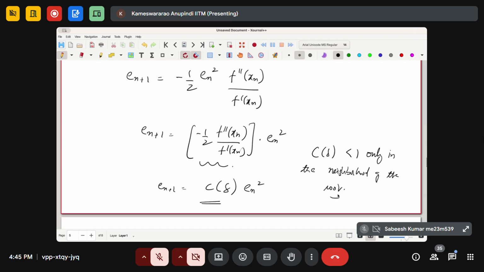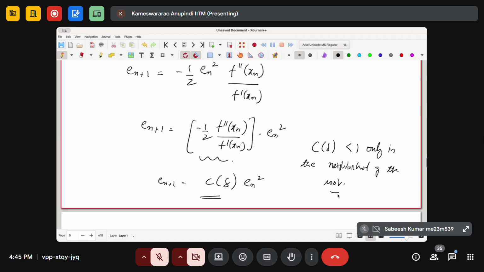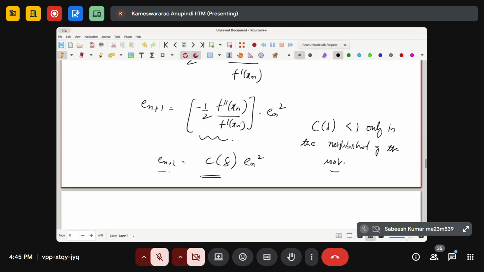That means as you get very close to the root, this c of delta is less than 1, which tells you that the error in the next iteration, en plus 1, is decreasing as a square of the error in the previous case. These errors are less than 1. That means the convergence of error in Newton's method is actually quadratic.